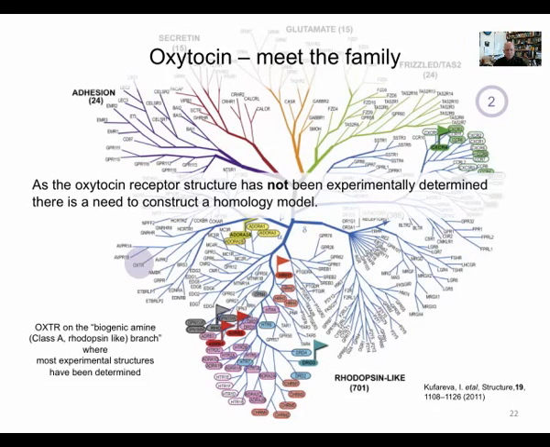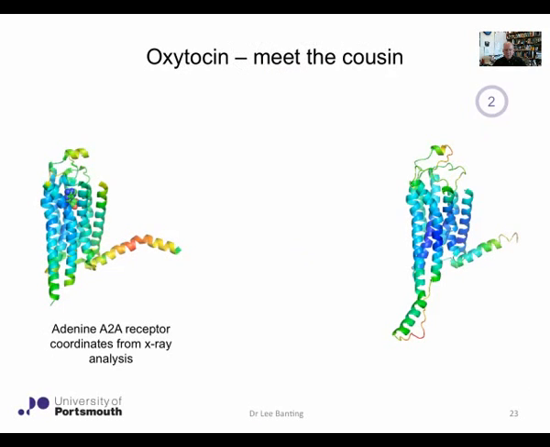So the oxytocin receptor is on the biogenic amine branch of the family tree, highlighted here, and we can take some near coordinates from a relative off of that branch, not an extremely close relative, but close enough. This is slightly different to the discussion in the previous lectures when we talked about homology modeling and used the oxytocin receptor as an example.